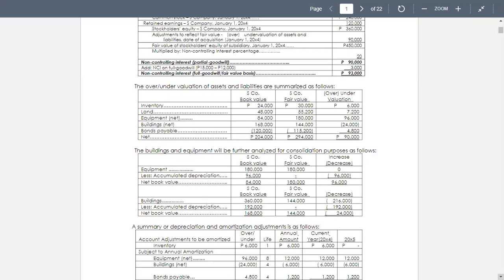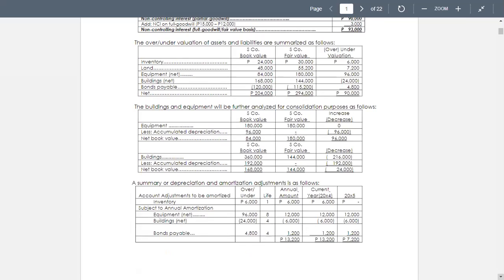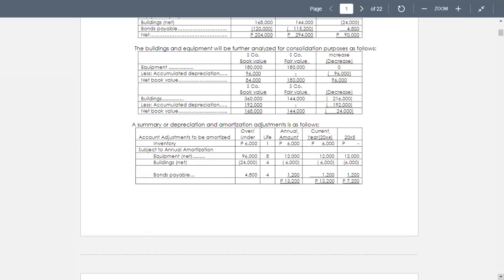So the total fair value at net is 294,000 and we have the book value of only 204,000. So you got now your undervaluation equal to 90,000. So at least the problem already answers my assignment to you. How did we get 90,000? It's already there. Then, the buildings and equipment will be further analyzed for consolidation purposes as follows.